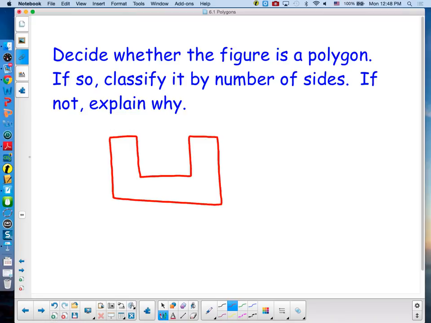Polygon or not, classify or say why. Okay, show me those that have the check. Count the sides again, guys.